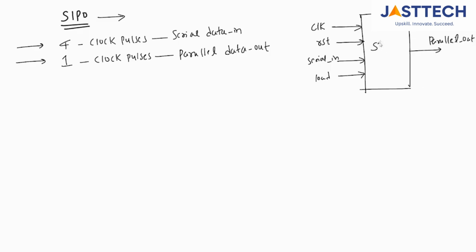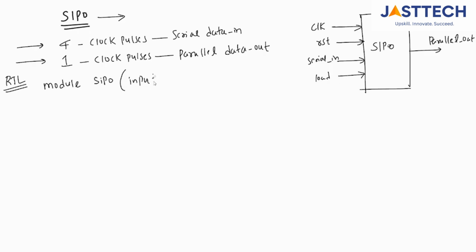This is SIPO. If you write the Verilog RTL code for this, first: module SIPO, my module name is SIPO.